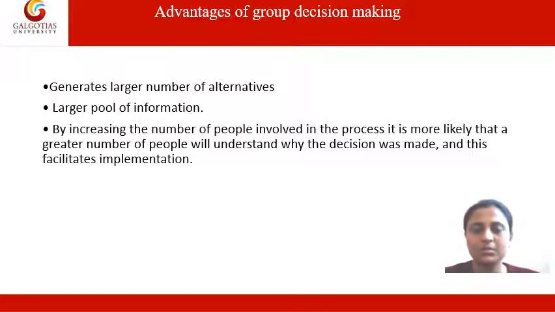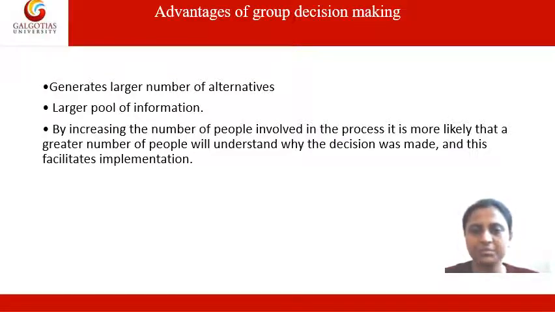Now, third, since many people are involved, by increasing the number of people in the process, it is more likely that this greater number of people will understand why the decision was made, and this will facilitate implementation.